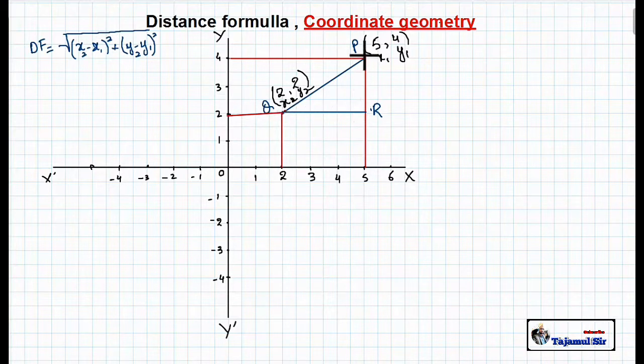It means QR and PR, the distances of these two are very easy to find out. But if we are required to find out the distance, the length of Q and P, distance meaning the length between these 2 points, it is difficult. In such cases, we use the formula that is called the distance formula.